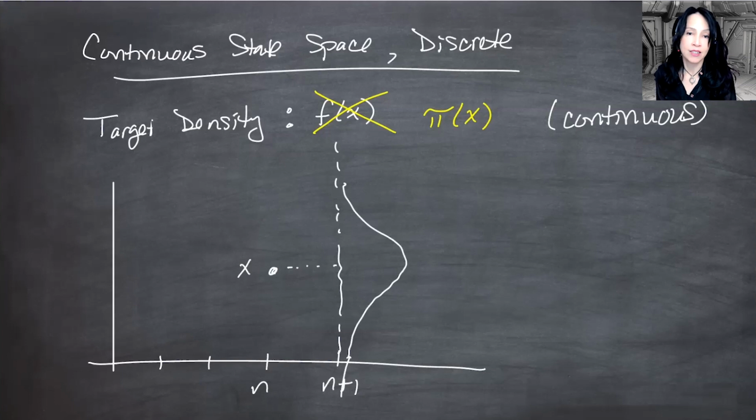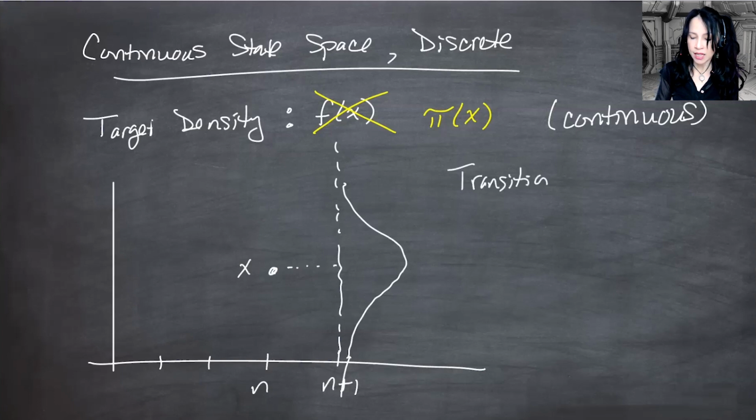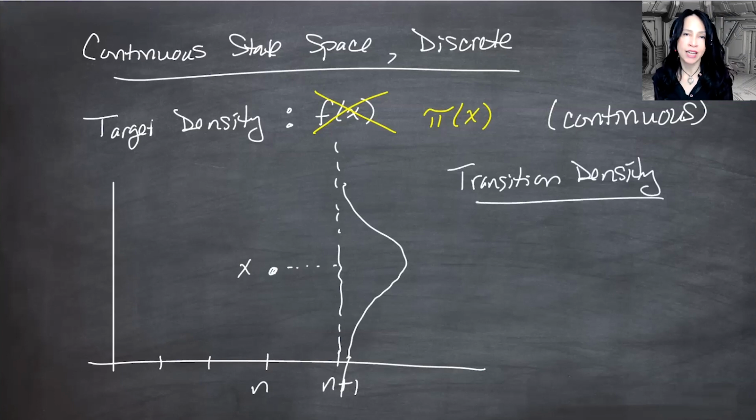Given you're at x, you can draw a value y from the normal distribution, and then you call that your new x. I'll tell you how to do that in a moment. But we have a transition density, a PDF. We no longer have p_ij because we don't have a discrete state space.